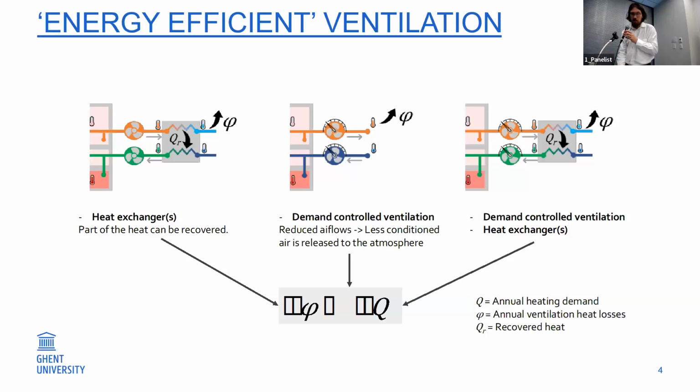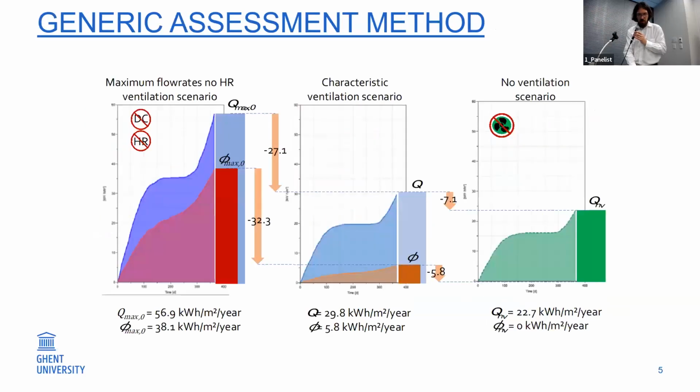That would be the last option, where we have heat recovery plus demand control. And then we also wanted to look at systems that only do demand control, where we expected that maybe, because you reduce the amount of cold air coming into the unheated spaces, because they're typically unused, you could also have the reverse effect, where you have an additional gain compared to a situation where you had constant extraction in those spaces.